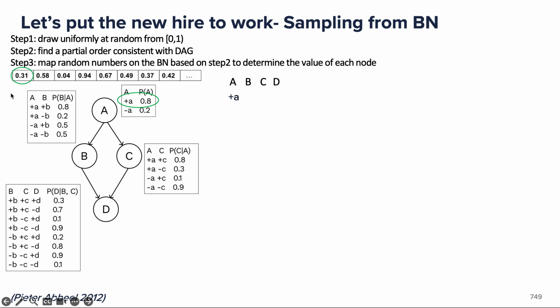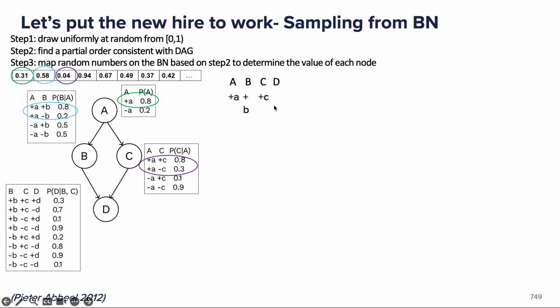So the first value is 0.31, and we're estimating the value of A. To estimate the value of A, we look at the first conditional probability table where, let's say, the probability of plus A is from 0 to 0.8, and only from 0.8 to 1 it will be the value of minus A. So in this case, the value of A will be plus A, and then the value of B will be plus B. For the value of C we need to look at the third conditional probability table, where we have already considered the values of plus A and plus B in the first two samplings.